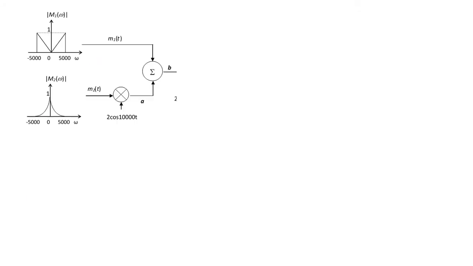Okay, next we have sketched A(omega) just now. So now you need to sketch B(omega). So b(t) in this case equals m1(t) plus a(t).